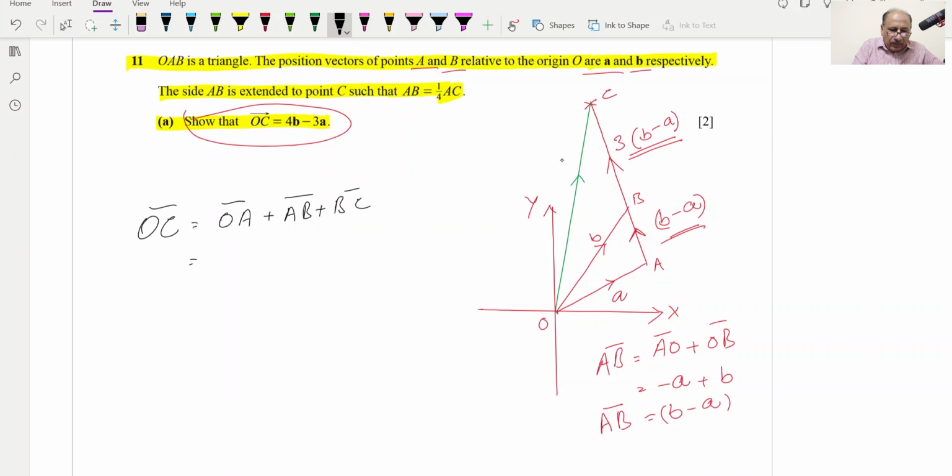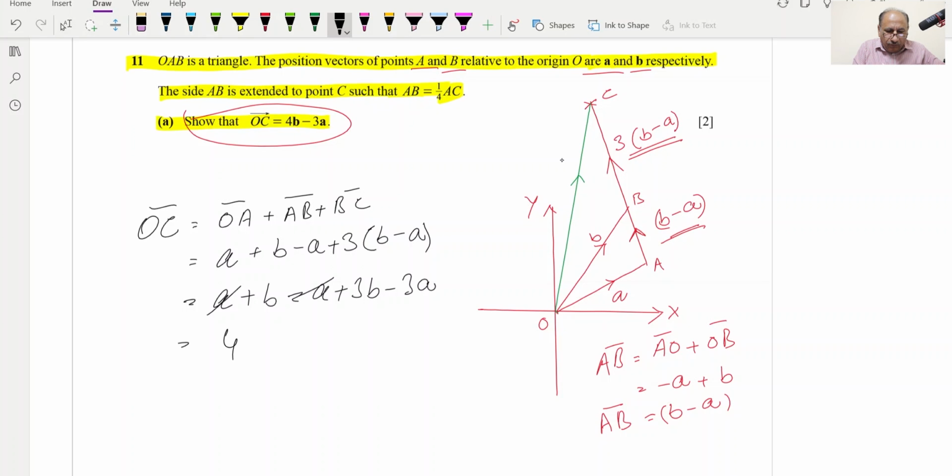These three vectors are a, then plus b minus a, and then plus 3b minus a. Now we can open the bracket: a plus b minus a plus 3b minus 3a. The a and minus a will cancel, and b plus 3b is 4b, minus 3a. This is equal to OC, the same thing we were supposed to show, which we have shown.